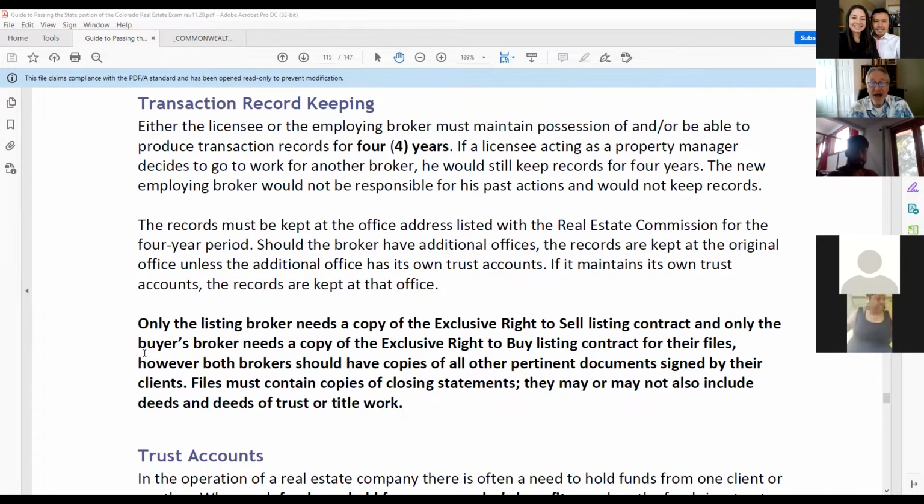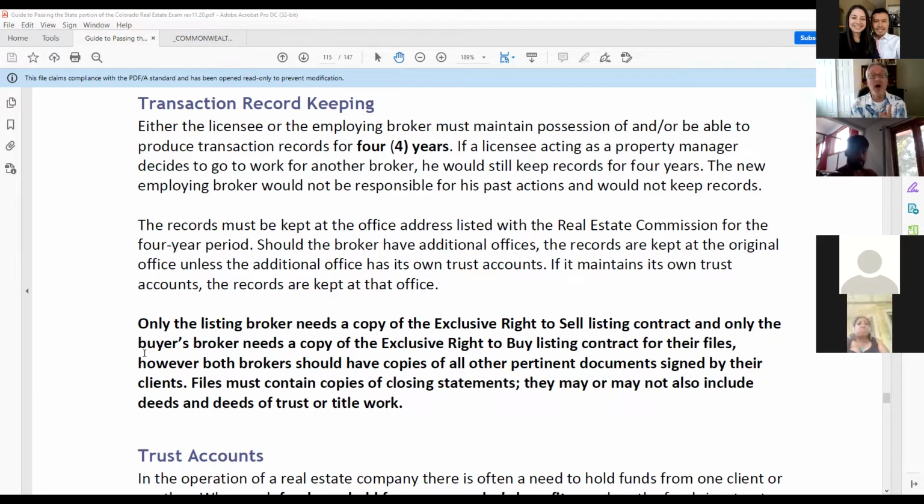Now, for the files, what's compliant on the files? Each side is going to have their copies of certain documents. Shared documents are things like all your disclosures, both sides should have copies of. Contracts, both sides should have copies of.